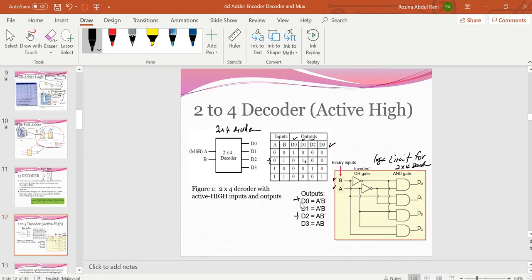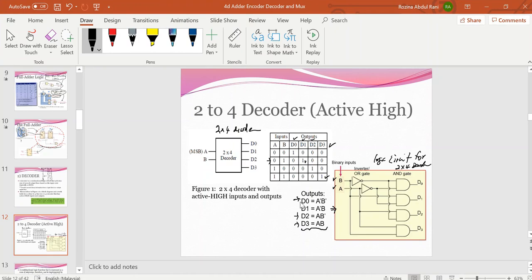And for output D3, the minterm is A B. Based on these Boolean functions, you can design this circuit. This logic circuit is actually based on these Boolean functions. So the binary inputs A and B determine which output line from D0 to D3 is high at logic level 1, while the remaining outputs are held low at logic 0.